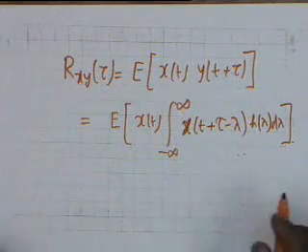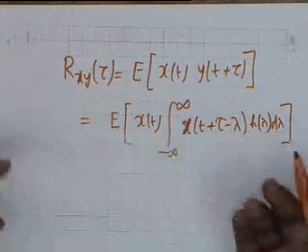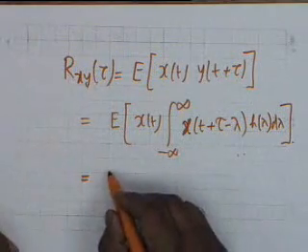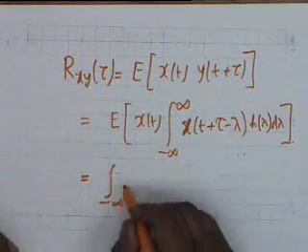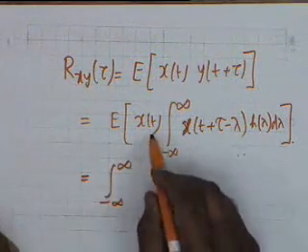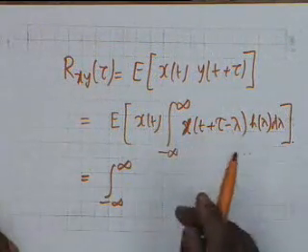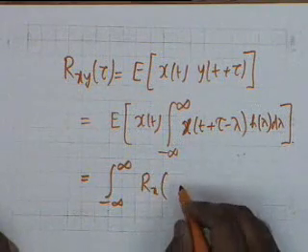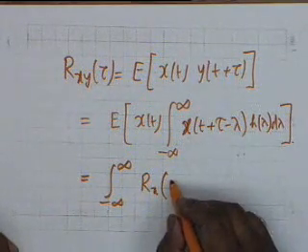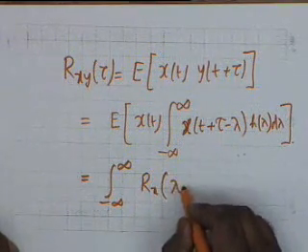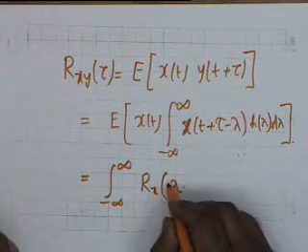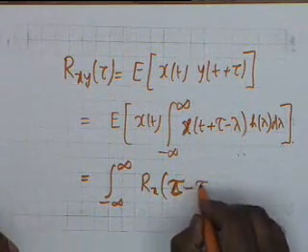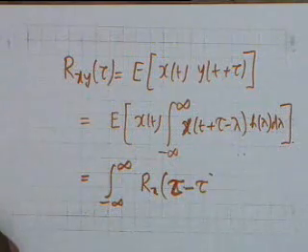And what you do is, again you interchange the integration and expectation. So you get the integral from minus infinity to infinity, and the expectation of x(t) and x(t plus tau minus lambda) would be simply Rx of, yes, lambda minus tau or tau minus lambda. Does it make a difference? Alright, let us take it tau minus lambda.